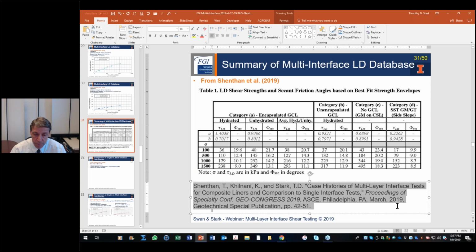Okay, so this one's a little bit in depth. So if you want to follow along with me, Tim, this question comes from Nick Rocco, and he says he struggles to validate a combination of different shear interfaces from one multi-layer shear box in terms of actual failure modes in the field. In his experience, the failures are typically along one interface, not a combination of interfaces.